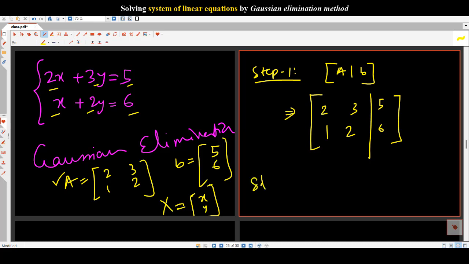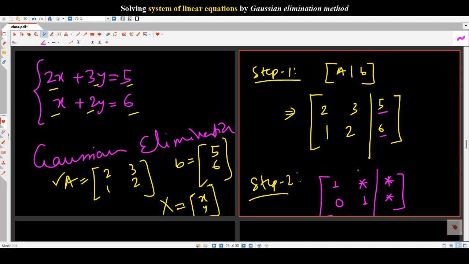Now in step 2, what we have to do? Anyhow our target is to make 1, 1, 0, and there will be some value, and automatically this right side will be changed. Here you can see 5 and 6, but these things will be changed.